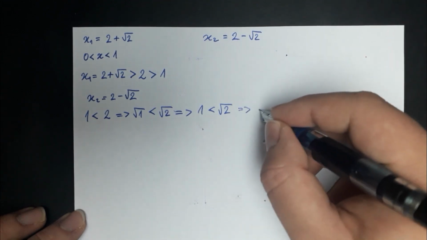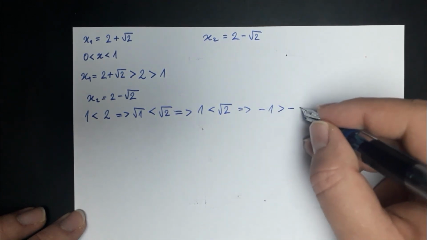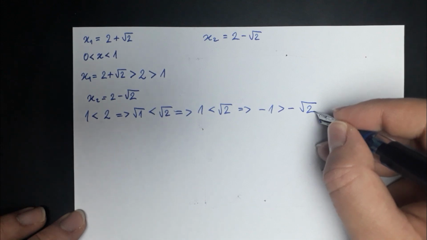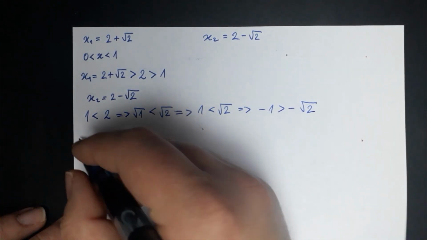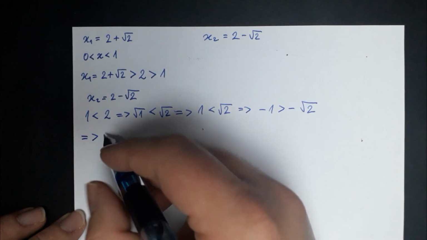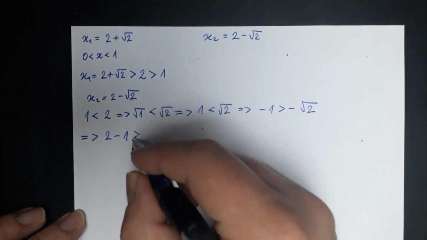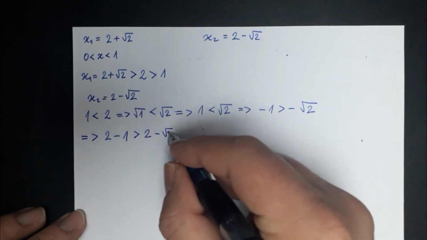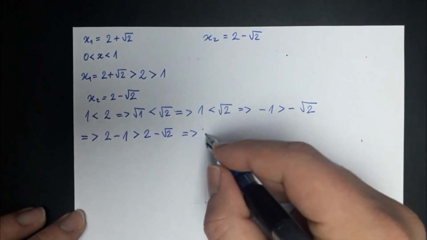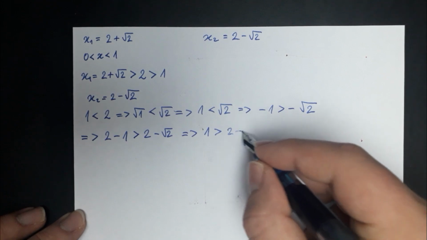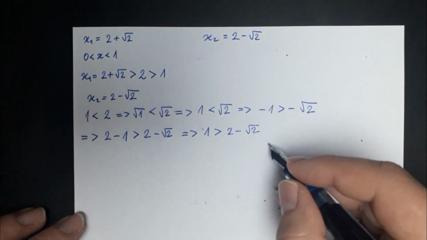Well, that means that negative 1 is larger than the negative square root of 2. What we can do now is add 2 on both sides. We get that 2 minus 1 is larger than 2 minus the square root of 2, and that means that 1 is larger than 2 minus the square root of 2.